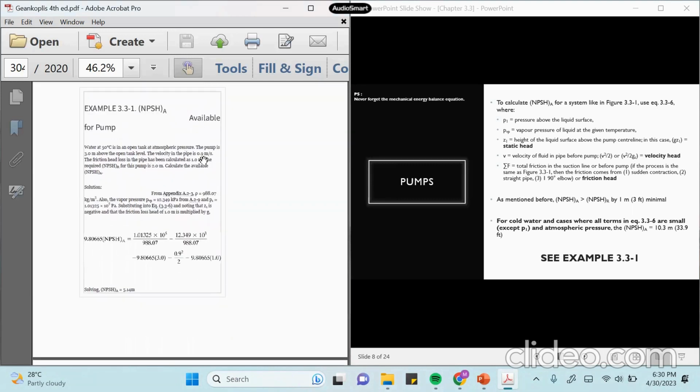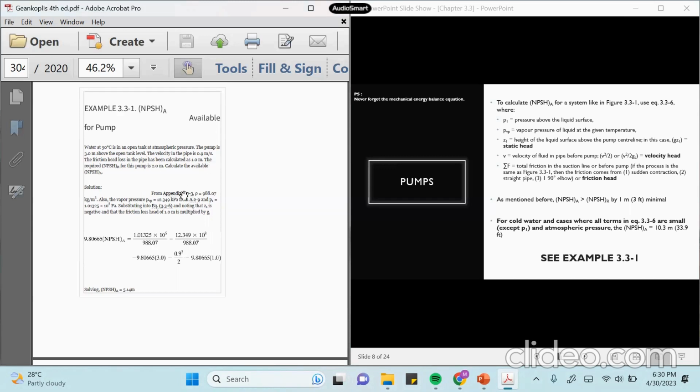Now the velocity in the pipe is 0.9 meter per second. The friction head loss in the pipe has been calculated as 1 meter. The required NPSHR for this pump is 2 meter. Now we are asked to calculate the NPSHA.